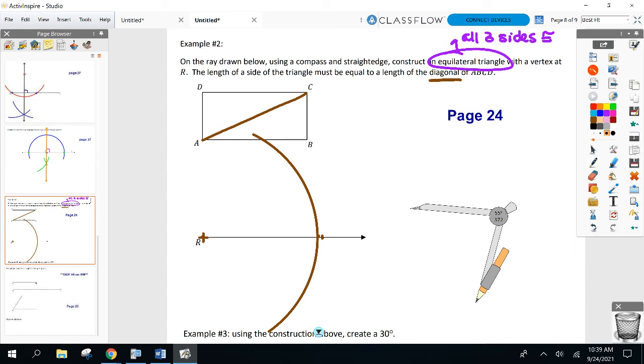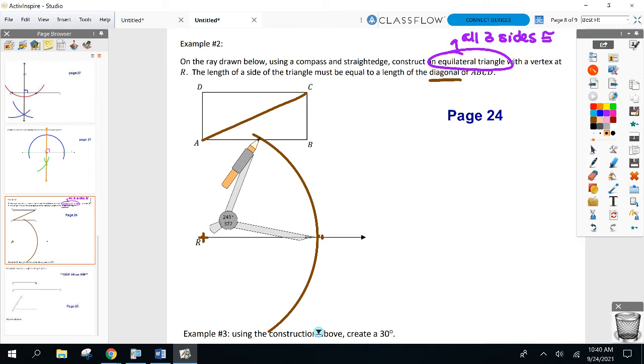Ready to construct side number 2? Is your compass already opened up to the length of the diagonal? Okay, so you don't need to go back and remeasure. Put your compass now where that arc intersected the ray, and you want to make it intersect at the top here. Look at mine.